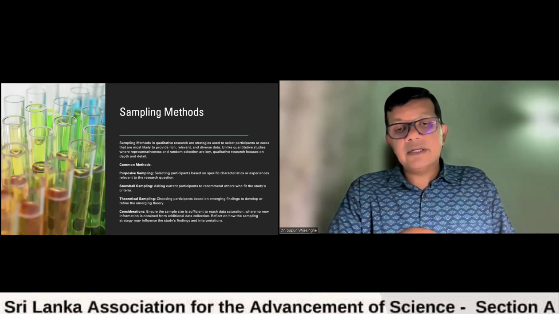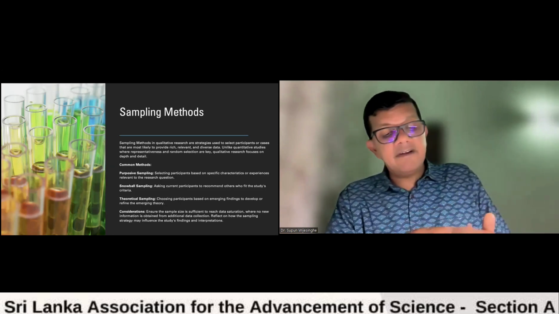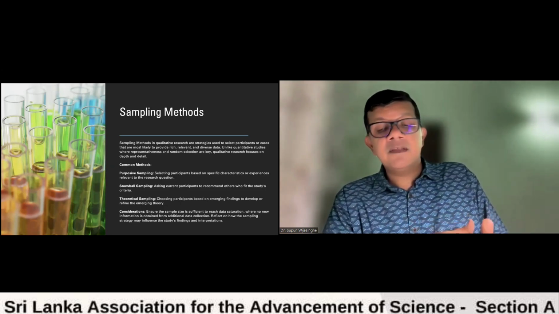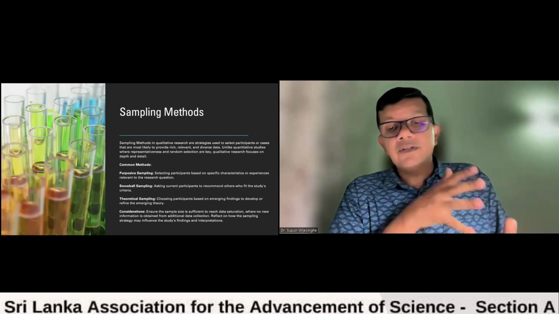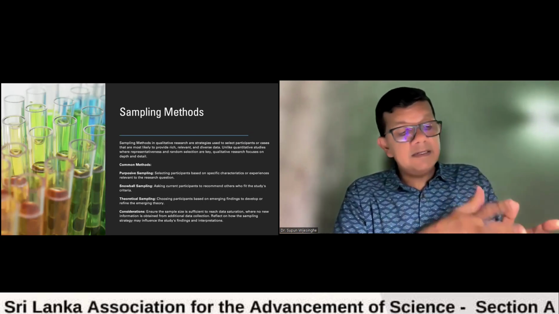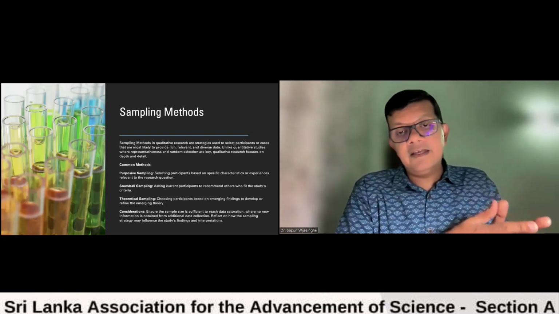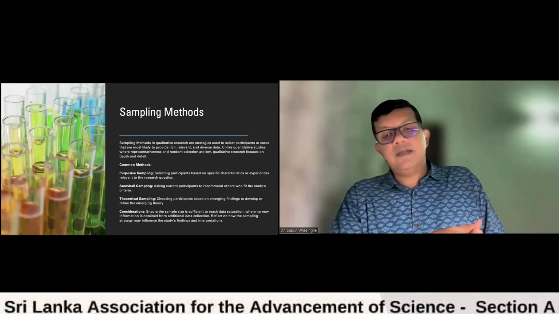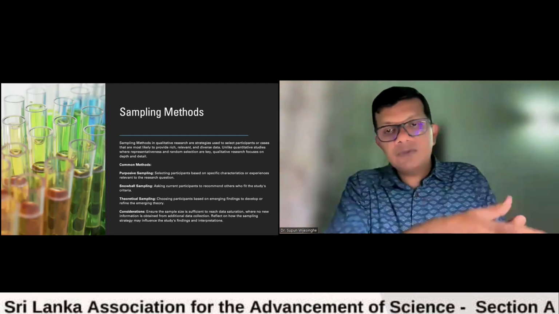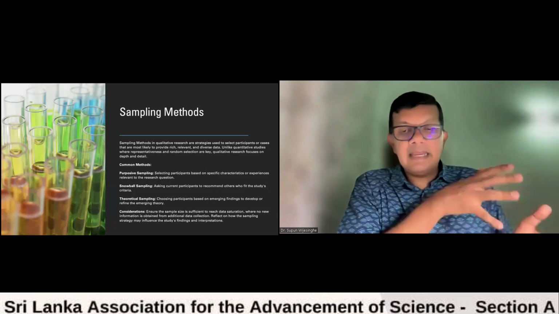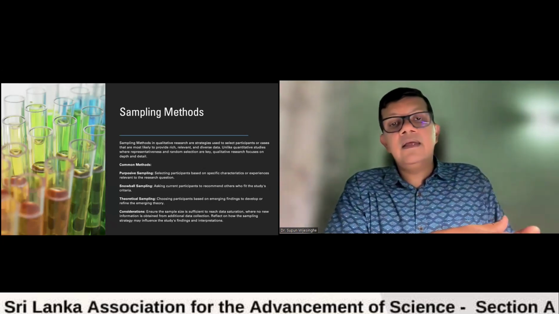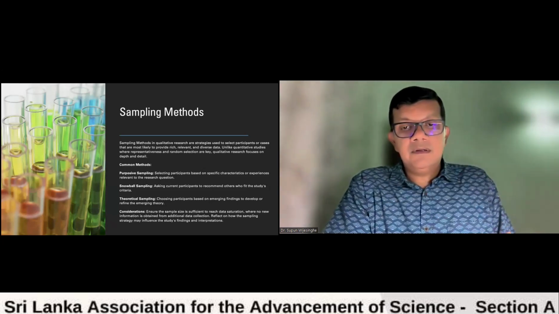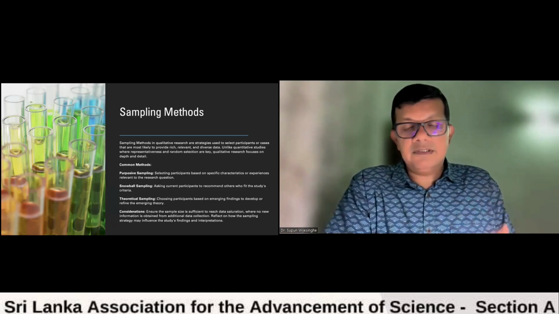So this is called theoretical. Based on your theory, you feel that different people feel a different way. You have a theory that different people in different categories feel differently. So you have a theoretical basis for that. So based on theory, you select participants. Again, it is an acceptable method in qualitative research.